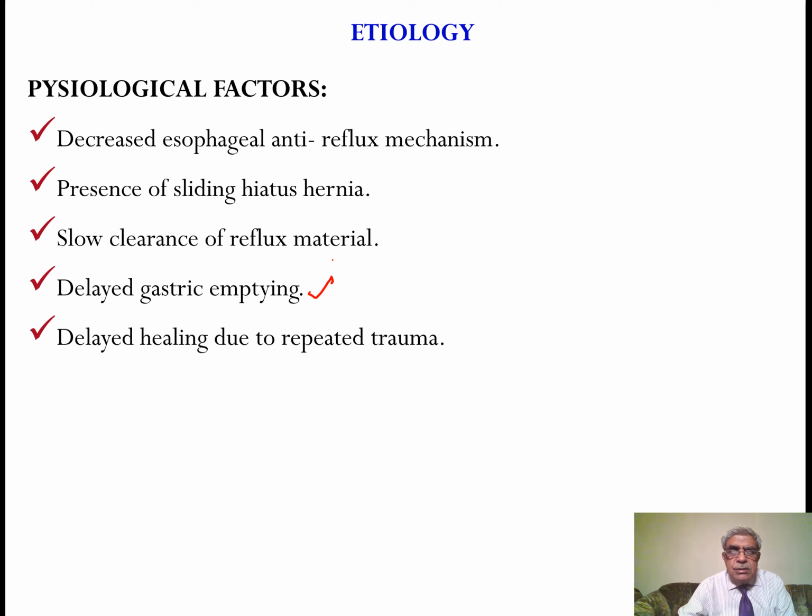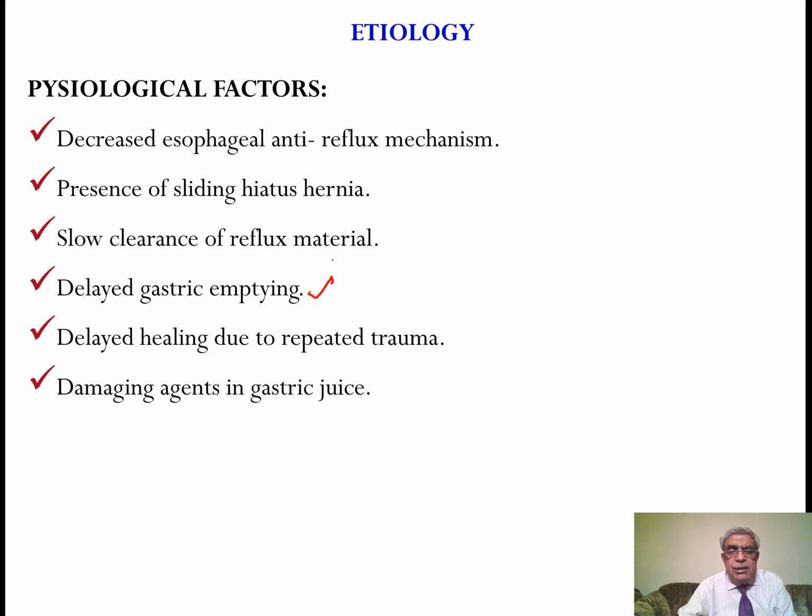Once there is injury to the esophagus by repeated reflux contents of the stomach, the process of healing is delayed and leads to fibrosis.